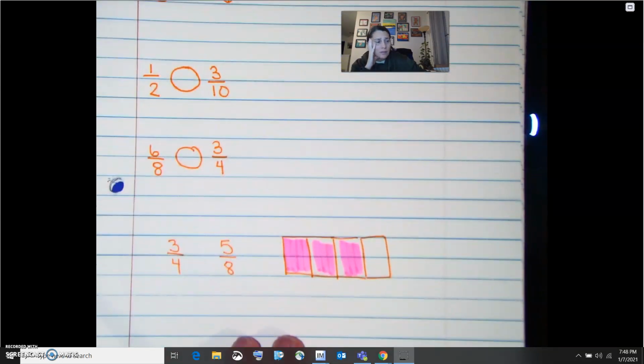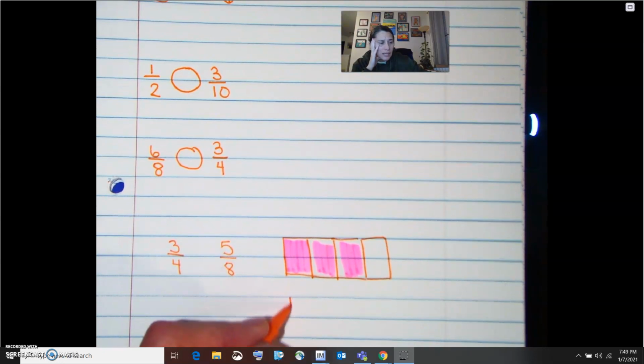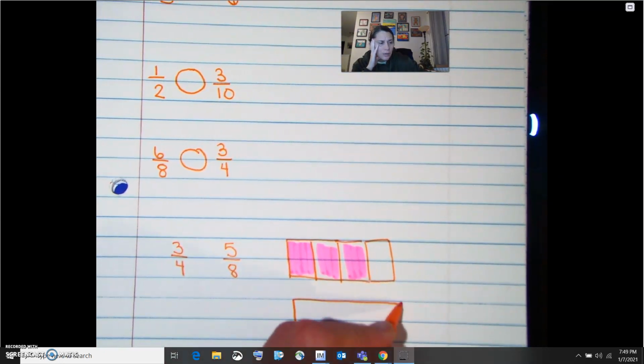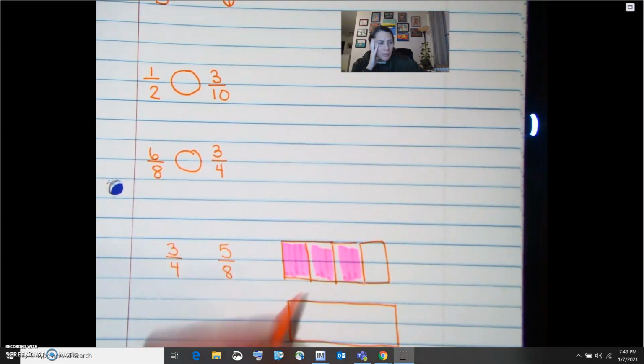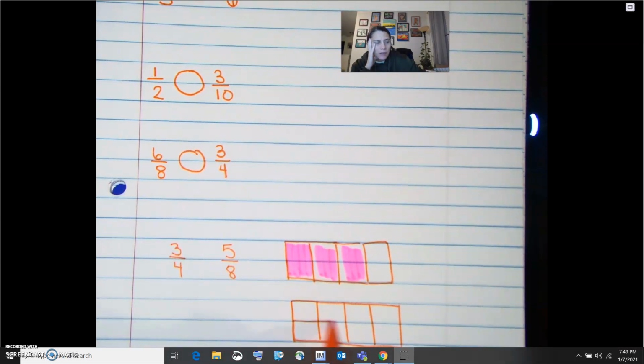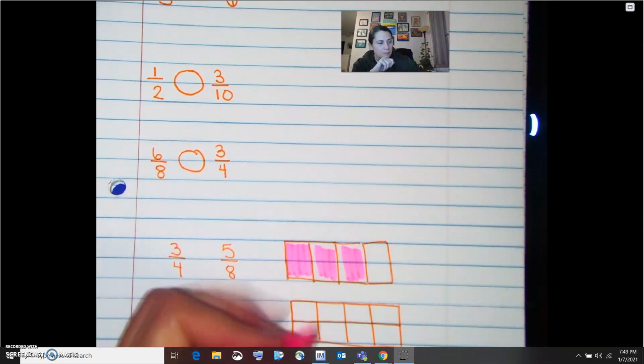All right, so right now, this 5/8, we want to see what is it compared to 3/4. So we take that same shape and we have our fourths, and now we're going to make it eighths, and we're going to color in 5/8.